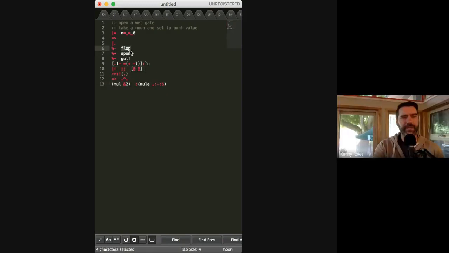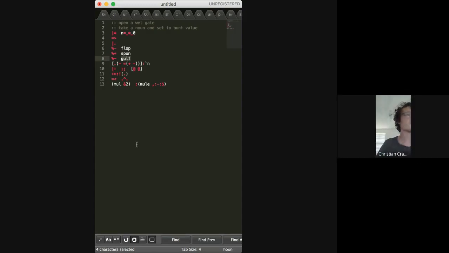So I know what flop does. What does spun and golf do? Golf produces a range, and then spun is one of the stateful list operations.